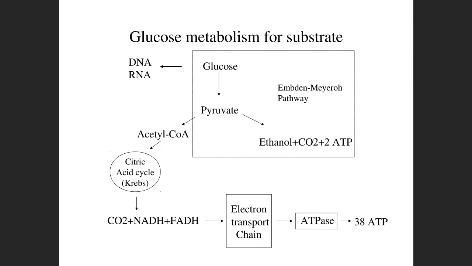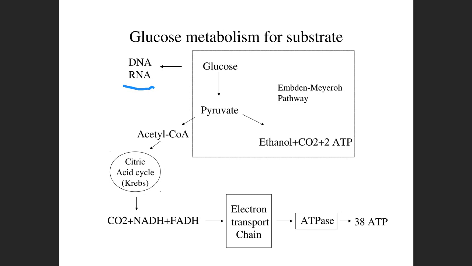And it depends on who gets the substrate or intermediate first. So the glucose is floating around. Yes, it can be used by enzymes in the glycolysis pathway to make pyruvate and generate energy, but it can also be used by other enzymes to make DNA and RNA, right?